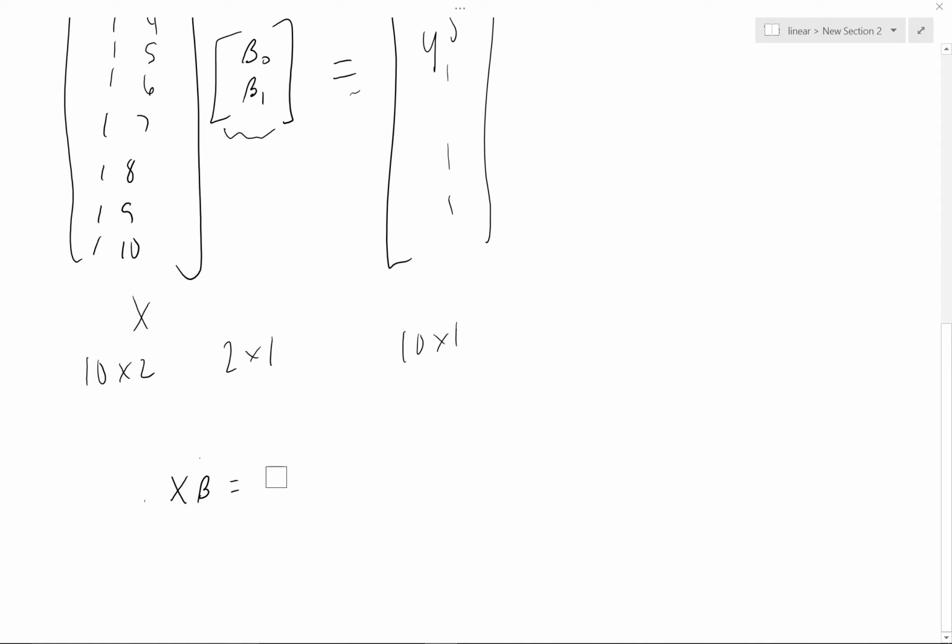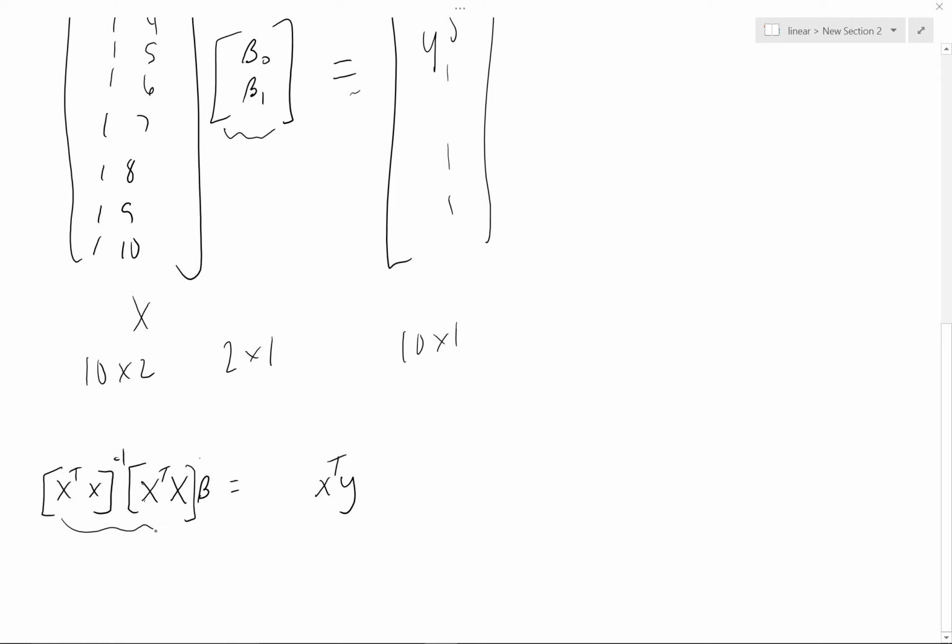I'm going to leave a little bit of room. I'm going to hit it with x transpose. And when I do that to one side, of course, Mrs. So-and-so back in the day said I have to do it to both sides. And she was right. But now this is square, so it does have, or at least it should have, an inverse. So I'm going to hit that with its inverse.